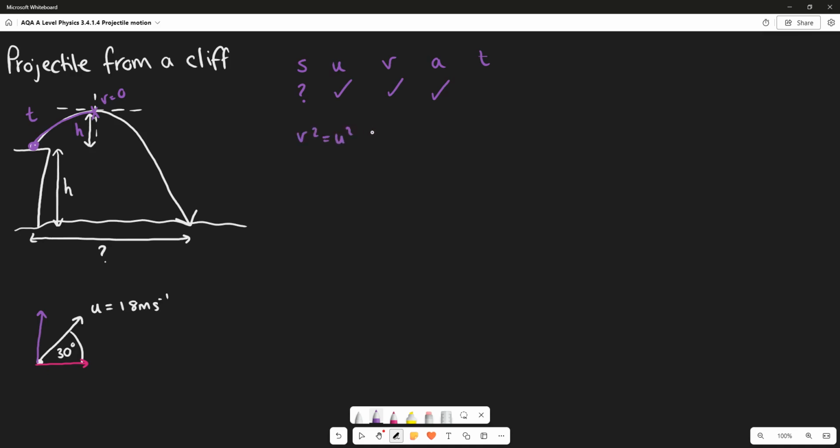that one. Rearrange for S. The height of the cliff is going to be expressed as a positive number in the question, so let's roll with that and say that up is positive. Resolving the vertical component.